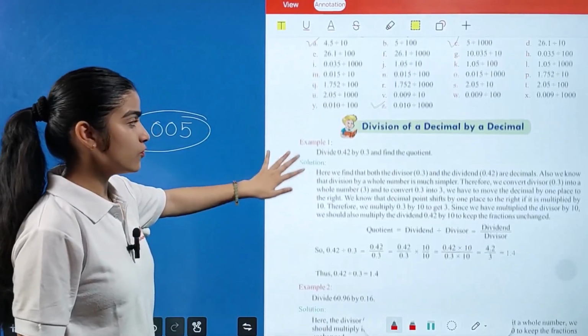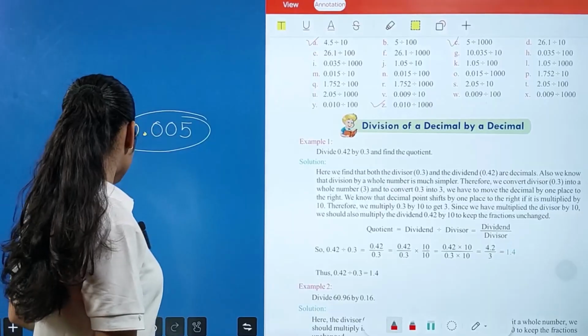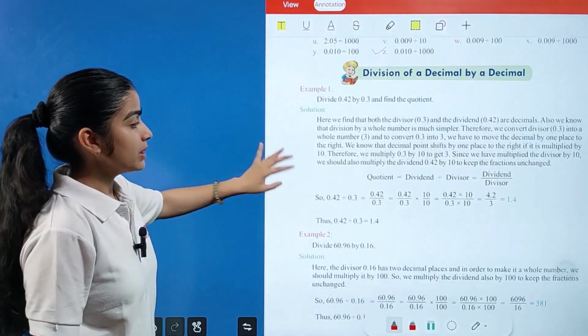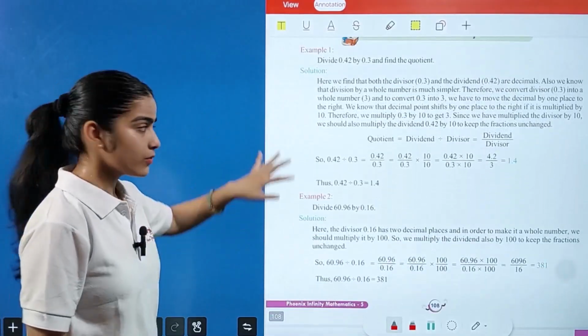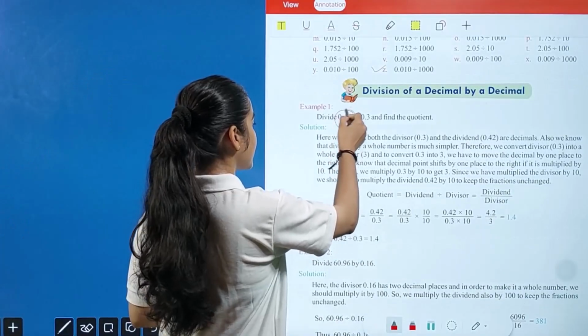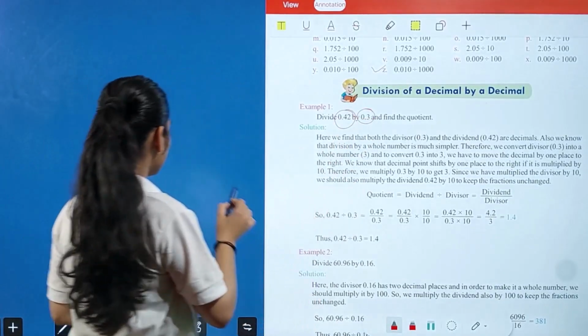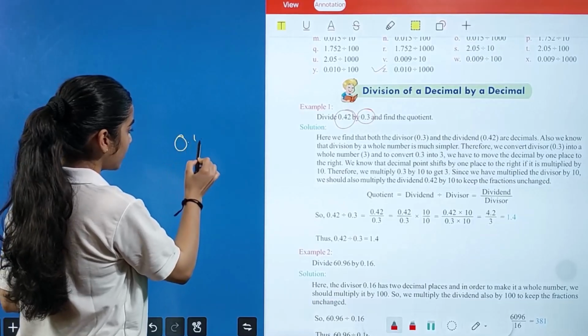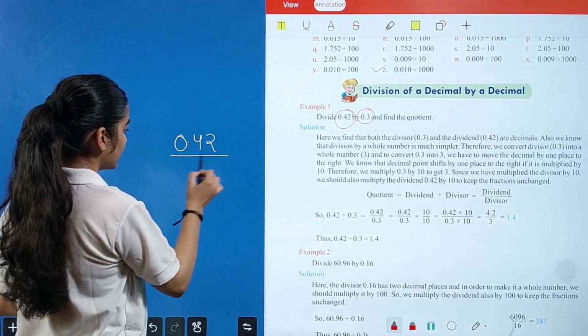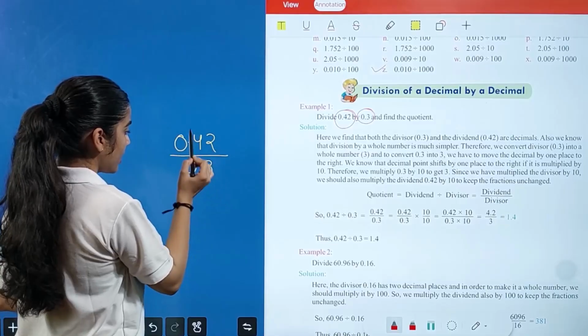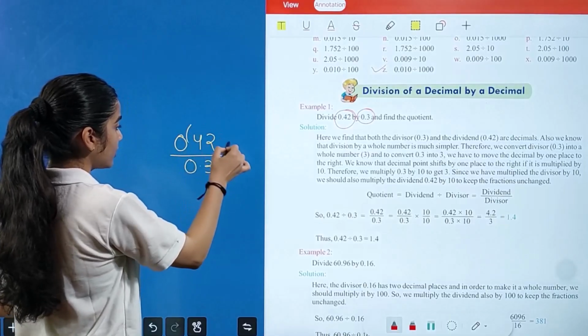And now we move forward to our next portion, which is division of decimal by a decimal. In this case, we have to divide a decimal number with a decimal. For this, first you have to write your numbers in fraction form. Now you have to remove their points.